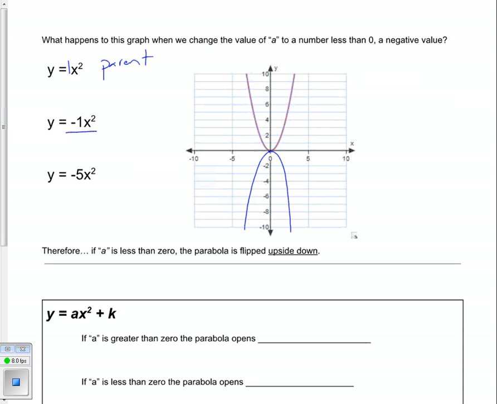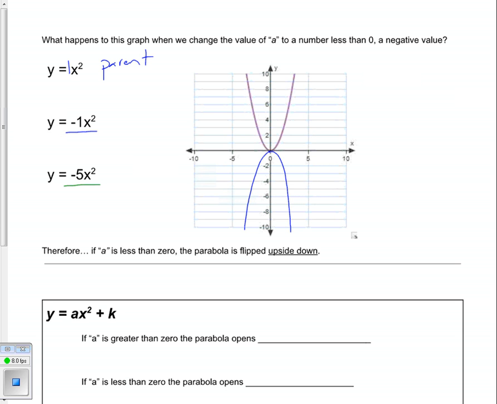So what we see here is that when y is equal to negative x squared, the shape of the parabola remains the same. It has not been stretched and it has not been compressed, but it's just simply flipped upside down. If again, however, we change that number to something other than 1, again, y is equal to negative 5x squared, the negative indicates that it's going to open down.